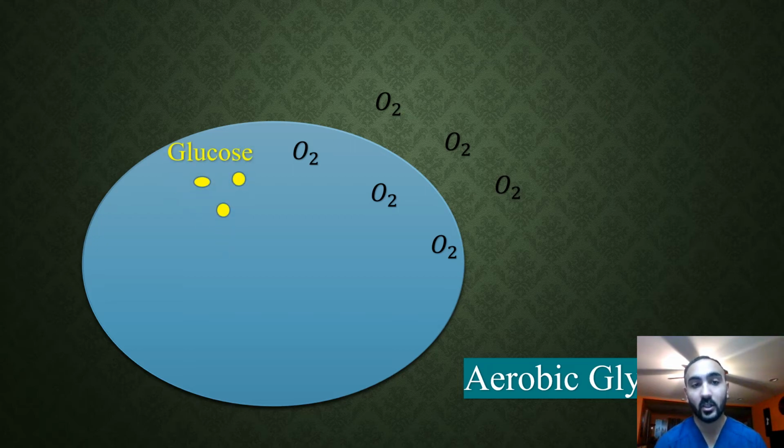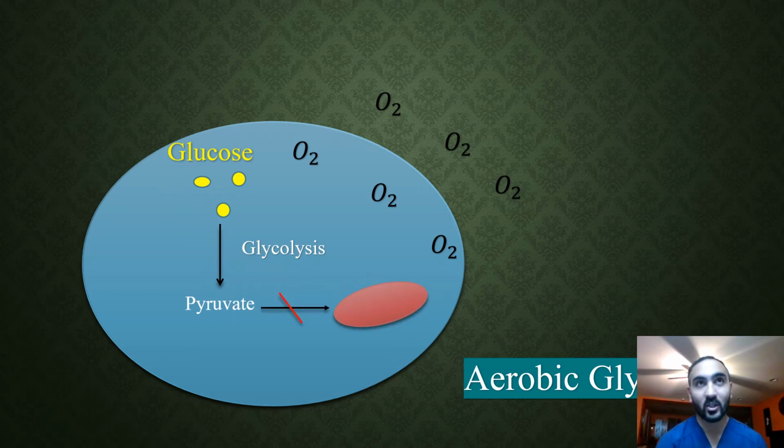So this cell does take glucose, and then the cytoplasm will take place after getting glucose and go to the pyruvate. And then from the pyruvate, just because this cell does have oxygen, it does have a mitochondria. But because it's cancer, which is the Warburg effect, there's a block.